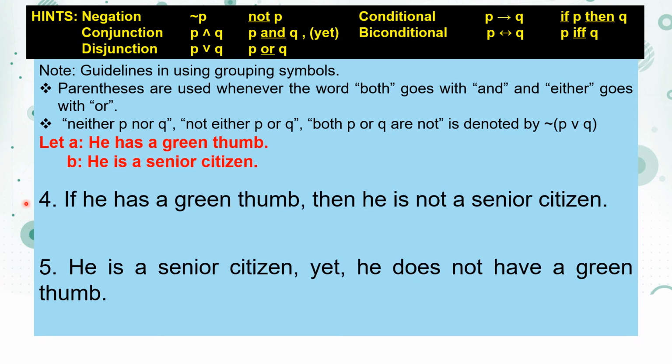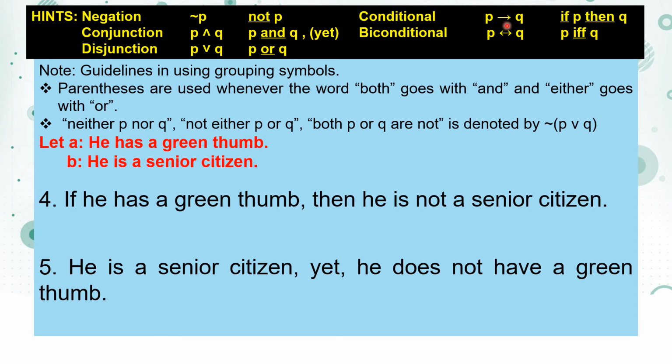Let's solve number 4. If he has a green thumb, then he is not a senior citizen. As you can see, we have the words if and then. If there is if and then, it is conditional.